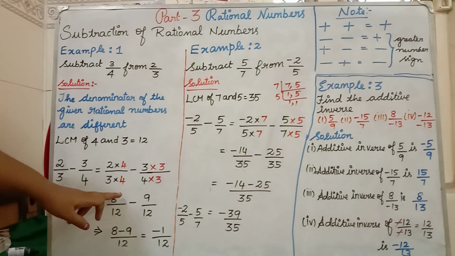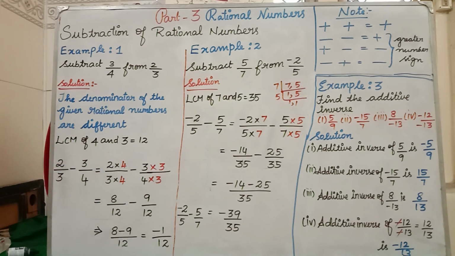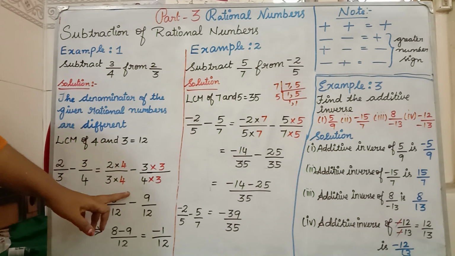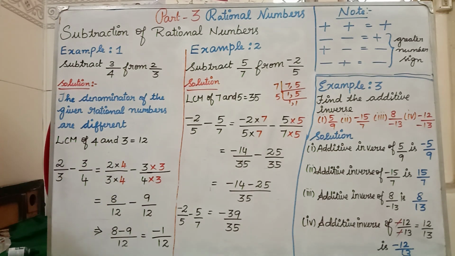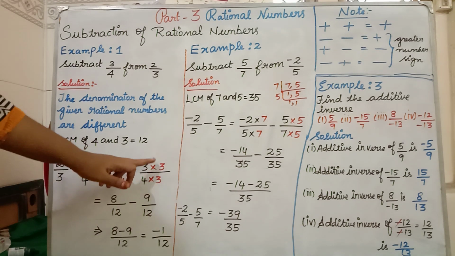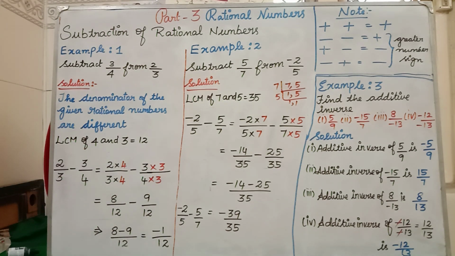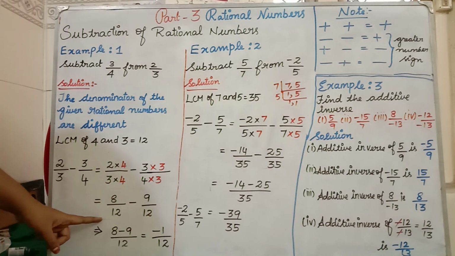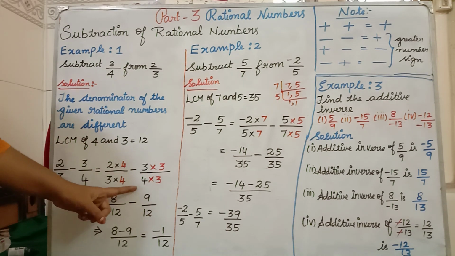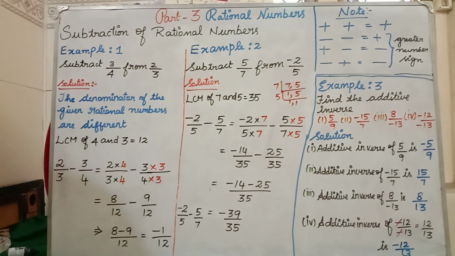So I have written 4 here, and in the numerator also I am writing 4, minus 3 by 4. In the 4 table how many times will 12 come? 3. So I have multiplied 3 to the numerator as well as to the denominator. So 2 4s are 8, 3 4s are 12, 3 3s are 9, 4 3s are 12. Now see this denominator.